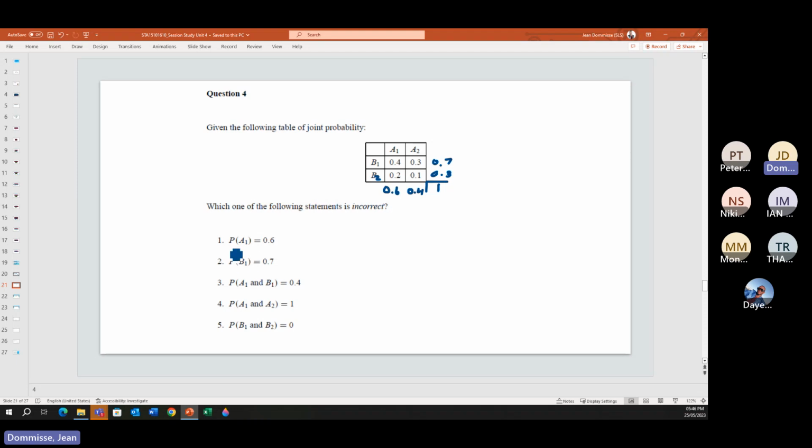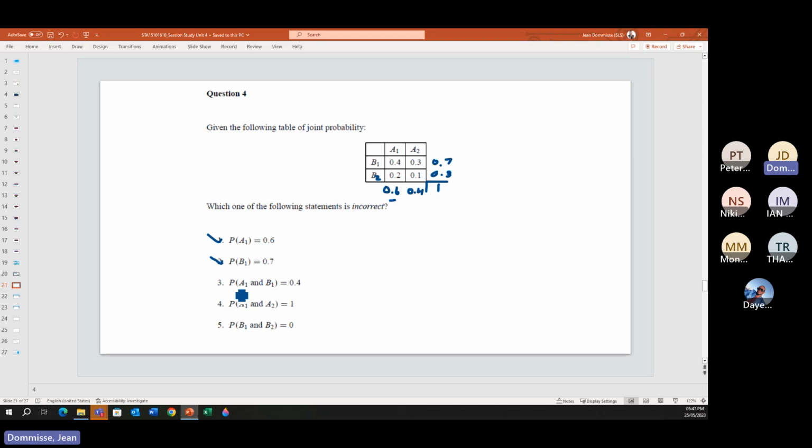So what's the probability of A1 happening? We've added it's 0.6. It is correct. What's the probability of B1 happening? There we've added it's 0.7. It's correct. Okay, so now they're asking us a bit of different things.